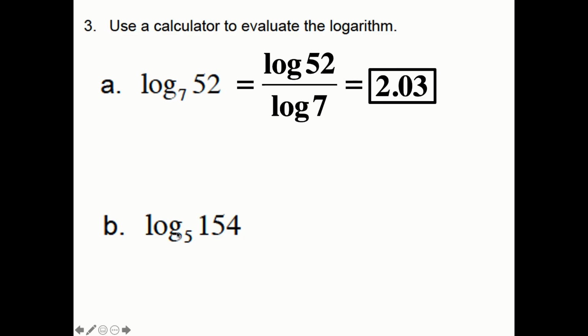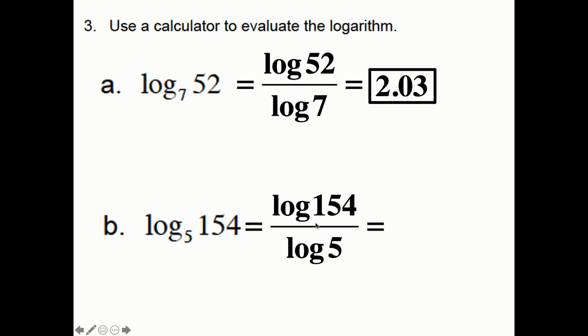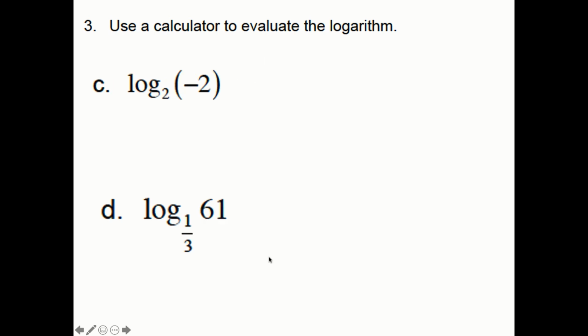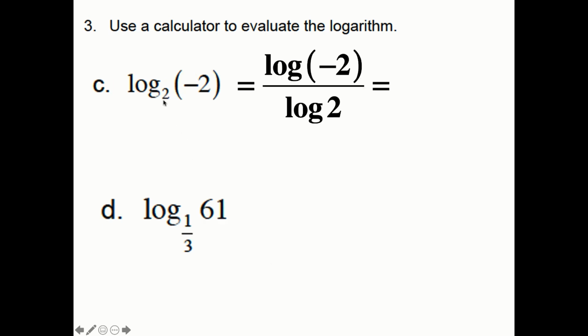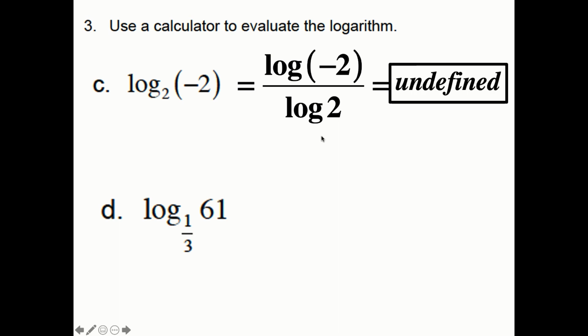For part B, we have log of 154, but just to see, you could do natural log. And then log over 5. You'll get the same answer. C, if you do the log of -2 over the log of 2, again, you can't take the log of a negative number, so this would be undefined.